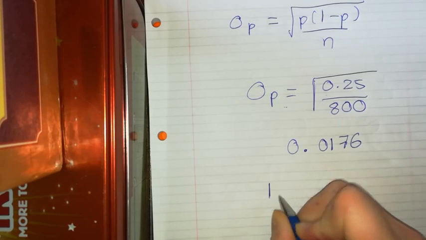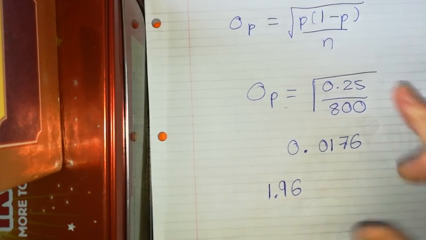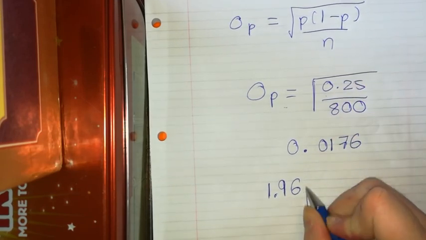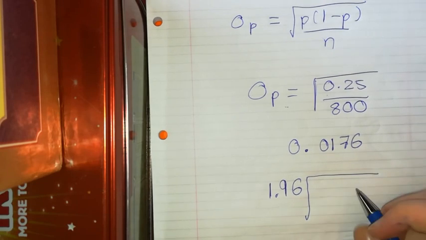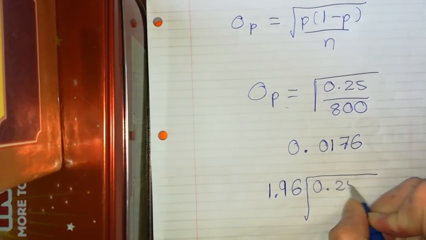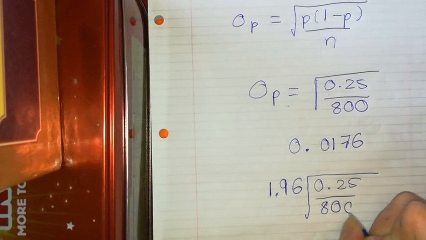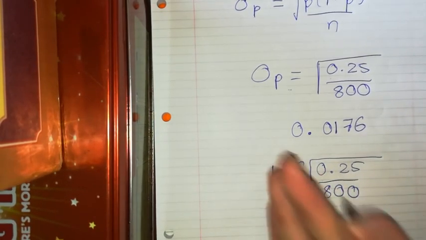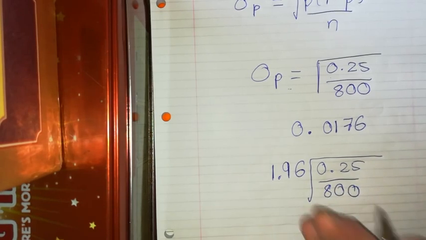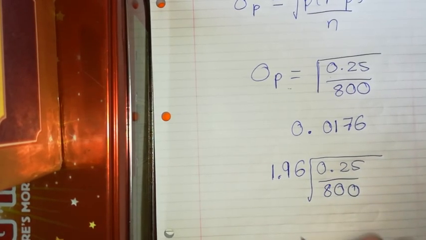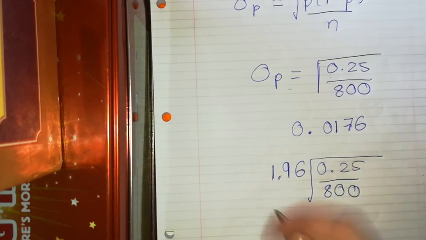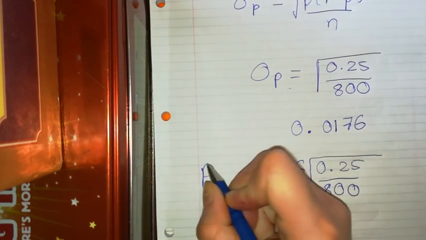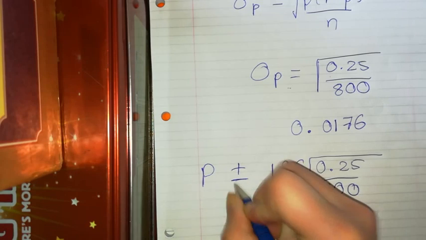Well, it'd be 1.96 by the standard error, which will be 1.96 by the square root of 0.25 over 800, because for a 95% confidence interval, it goes 2 standard deviations from the mean. So the largest possible, it'll be whatever the sample proportion is plus or minus this.